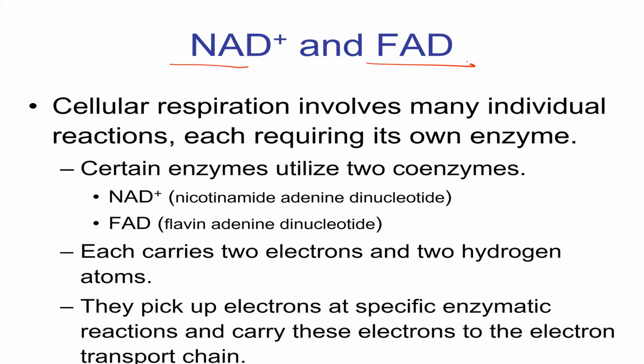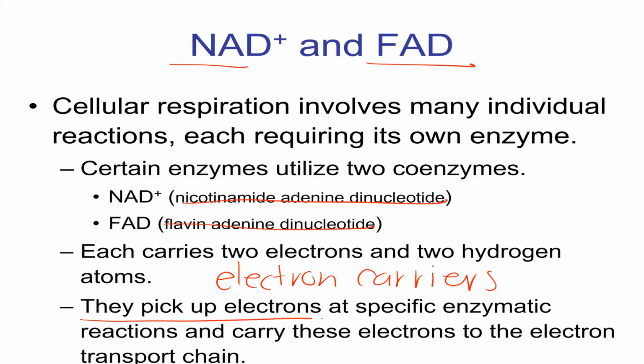They will become important a little bit later on, but they are coenzymes. You do not need to know what NAD plus stands for, and you don't need to know what FAD stands for. You just need to know that NAD and FAD are electron carriers.